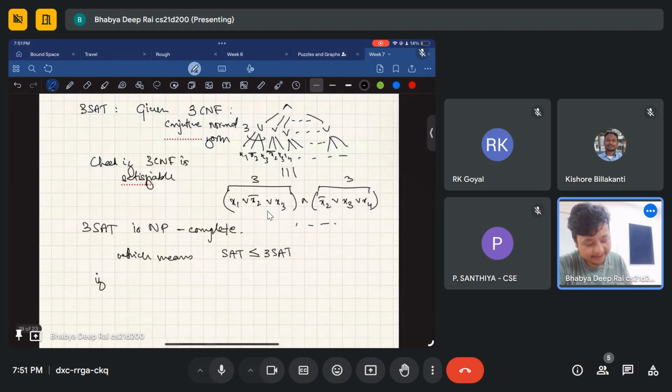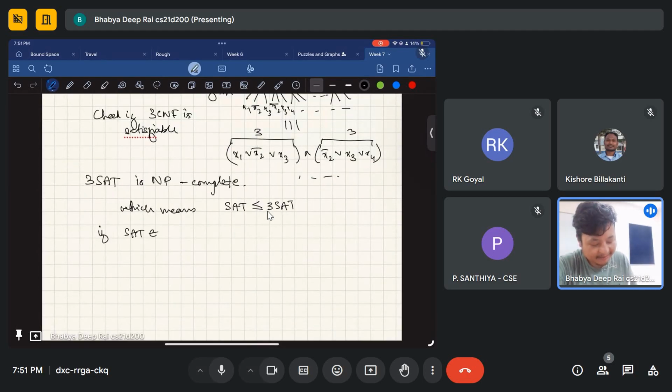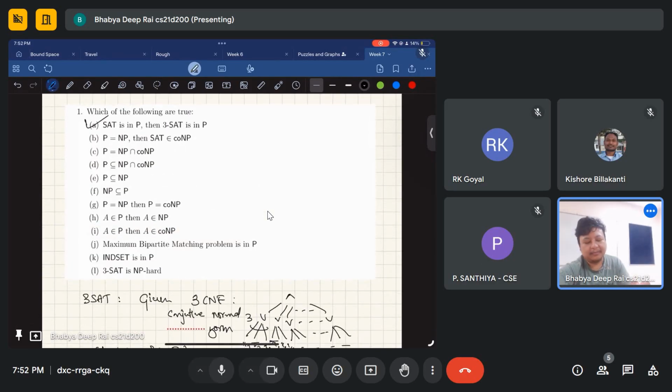If SAT is in P, then 3 SAT is in P. Since both of them are in NP, also 3 SAT reduces to SAT. Now since 3 SAT reduces to SAT and SAT can be done in P, then 3 SAT can also be done in P. So your answer is yes, it is true.